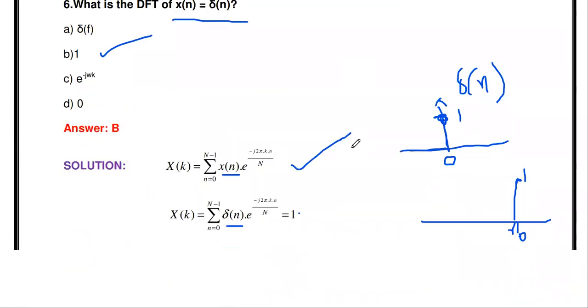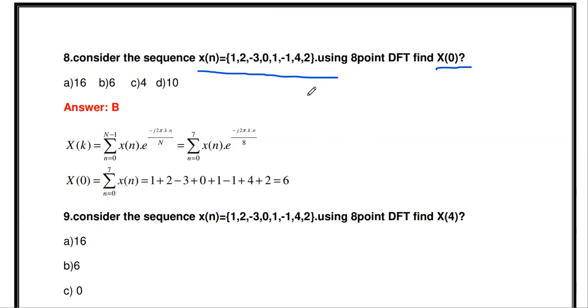Similarly here the 8-point sequence is given. So what is the value of capital X of 0? Capital X of 0 is nothing but the addition of all samples. So 1 plus 2 minus 3 plus 0 plus 1 minus 1 plus 4 plus 2. If you add all samples, we will get the first DFT answer. So the first answer is 6.